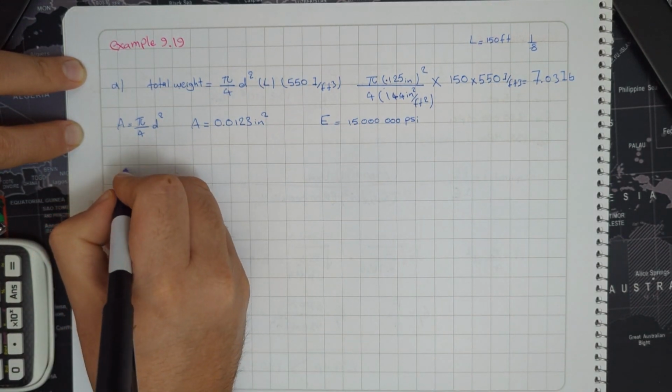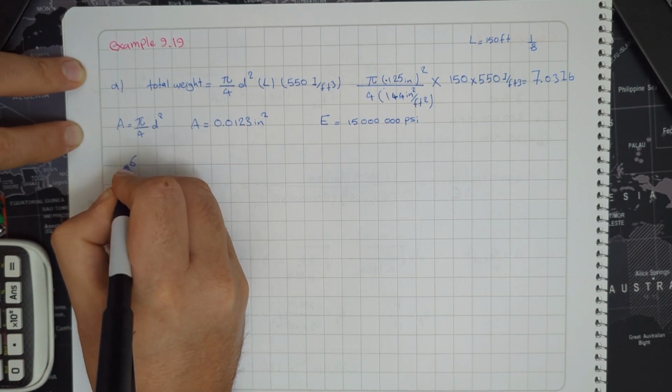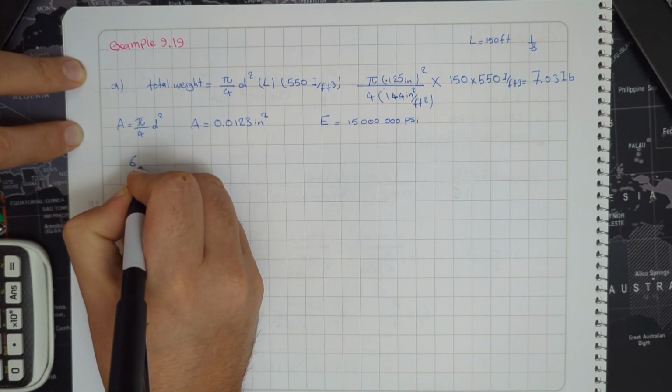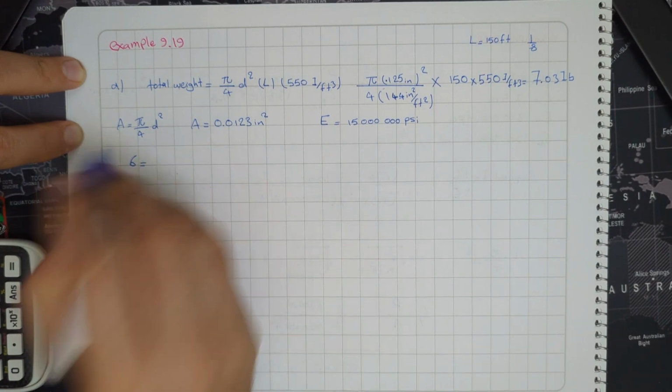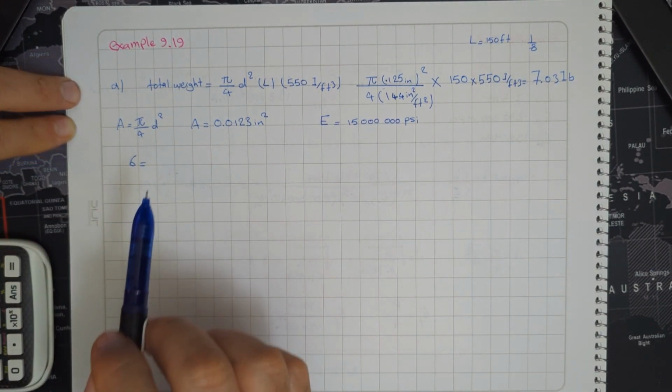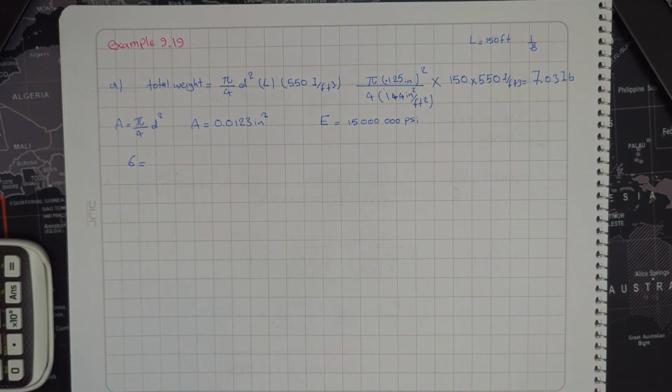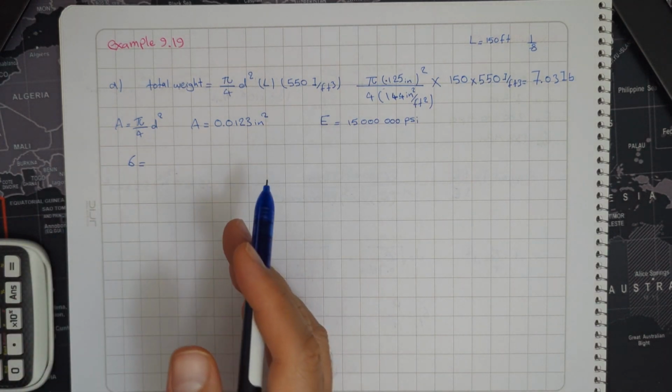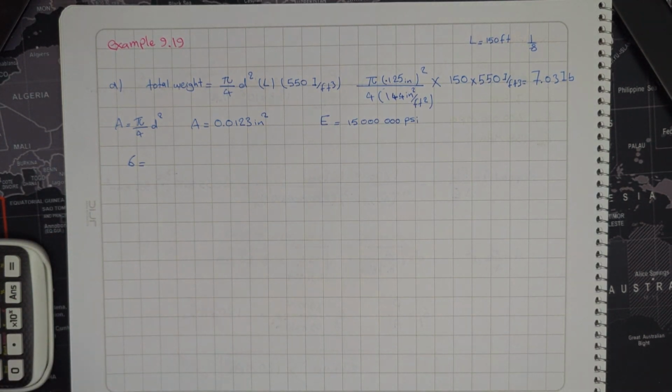Now, I'm going to say delta equals, I have to tell you guys something. If the question ever says that our material is suspended vertically from its upper end, we always have to consider half of the force.